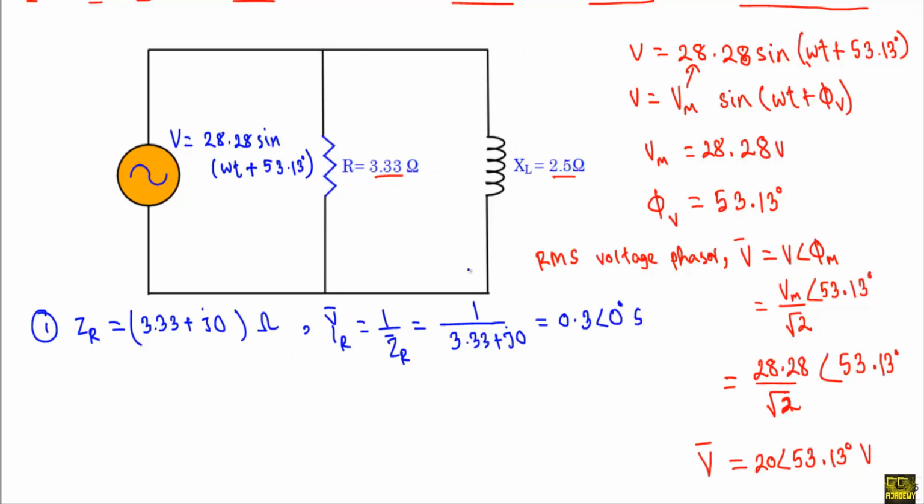The impedance in this branch, which is ZL, is equal to JXL or J2.5 ohm.